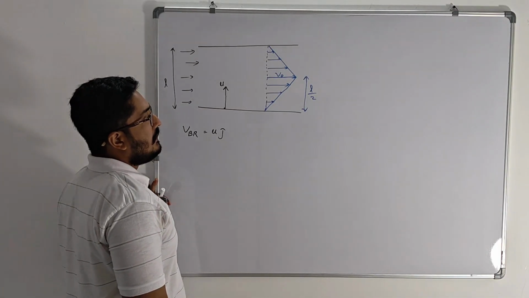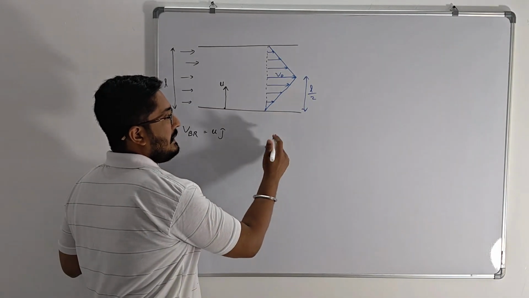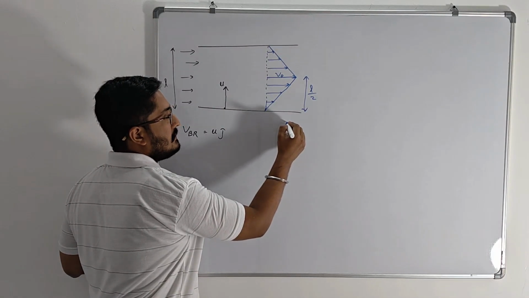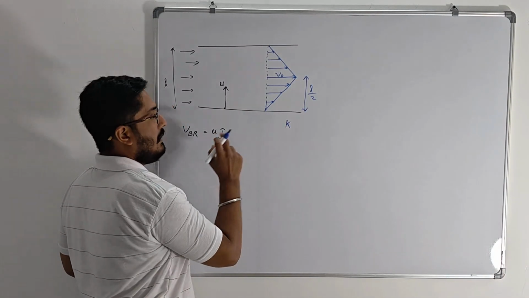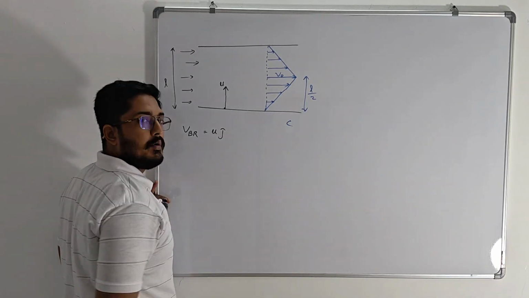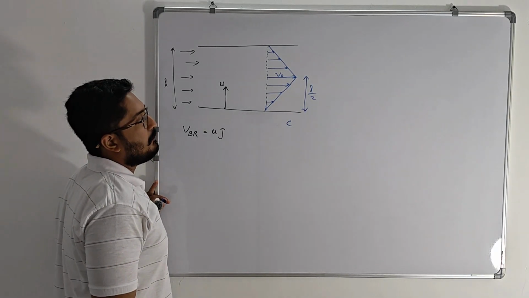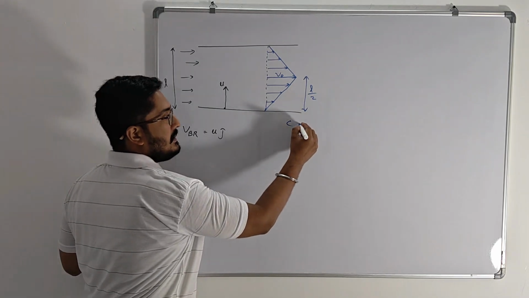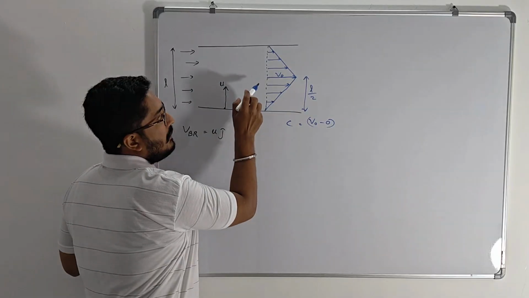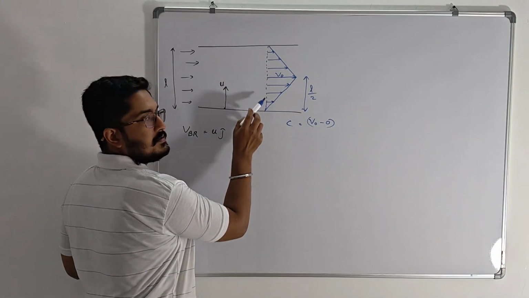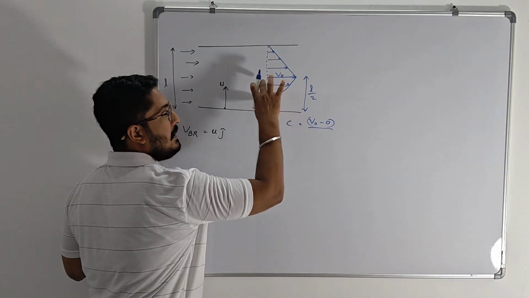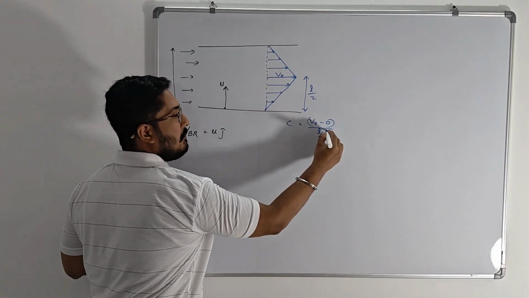So let me call the velocity gradient k, but k would be confusing since i, j, k will come. So let's call it c. This is the velocity gradient, and the velocity gradient is nothing but V naught minus 0, the change in velocity, divided by the distance over which that happens, L by 2.